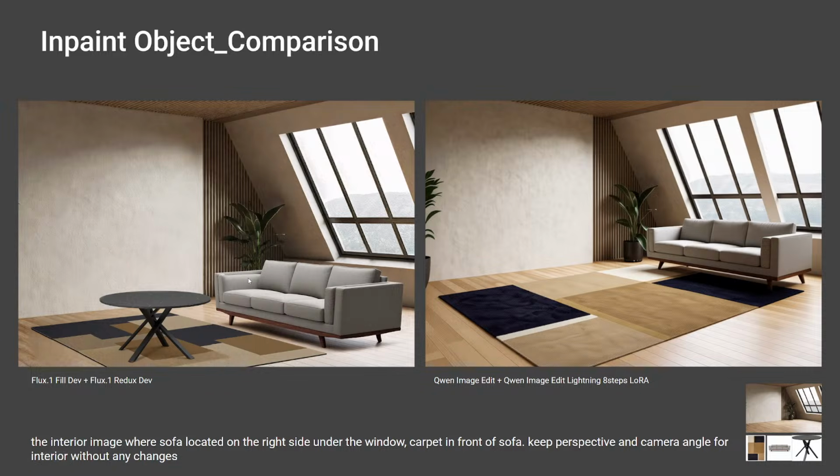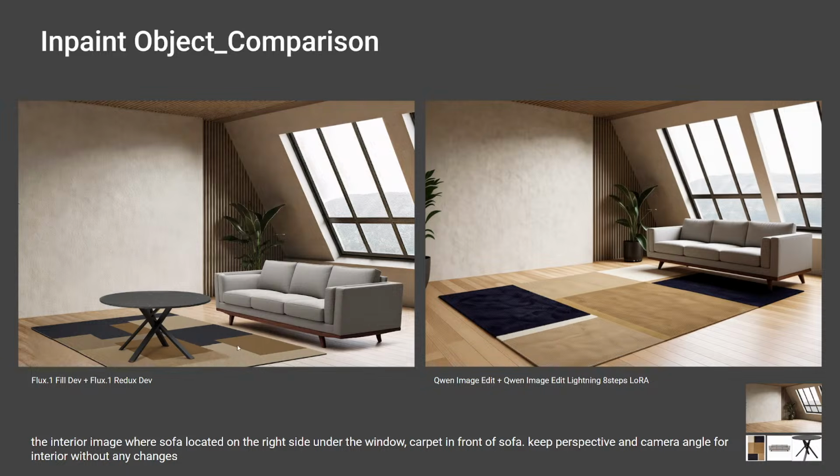The disadvantage of this workflow is inserting objects one by one, so you can't use all 3 objects simultaneously. You first need, for example, to mask the area for the sofa and insert the sofa, then mask the area for the carpet and do that. And this is not a fast way for sure.